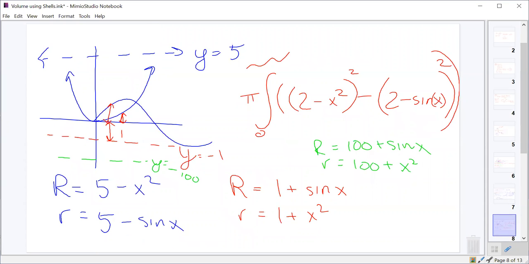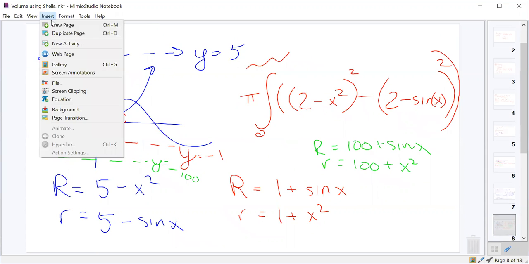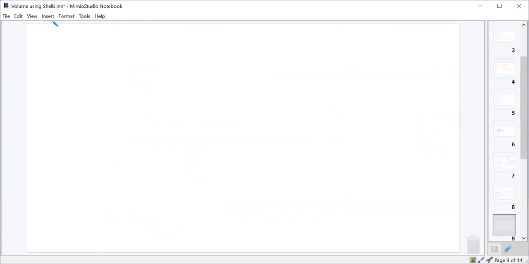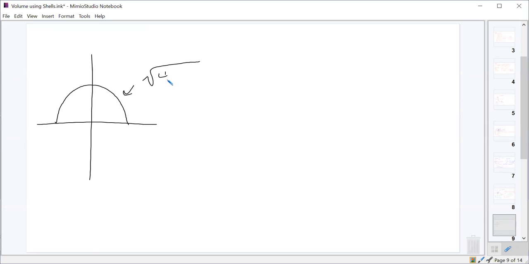All right, I'm going to give you guys one to do here on your own. Make sure you can set up the full integral and then evaluate. We're going to take the region between the square root of 4 minus x squared and x plus 2.